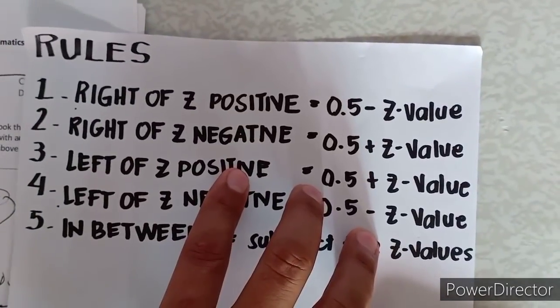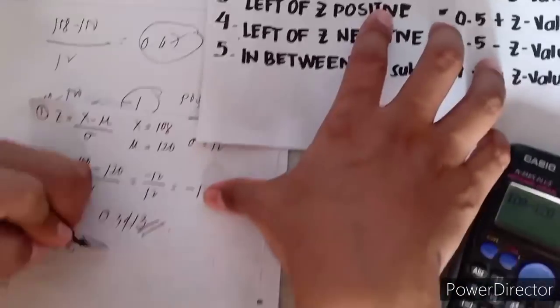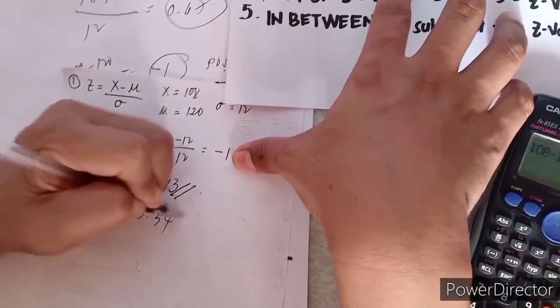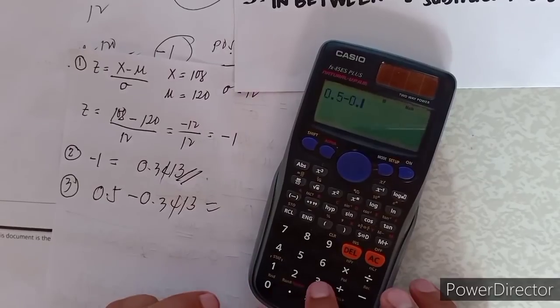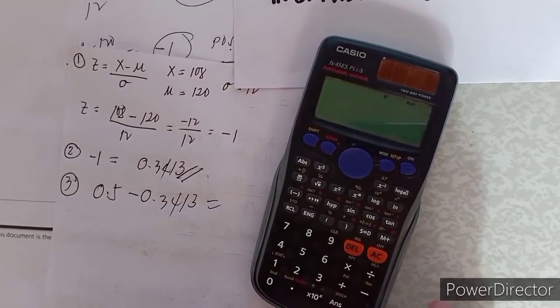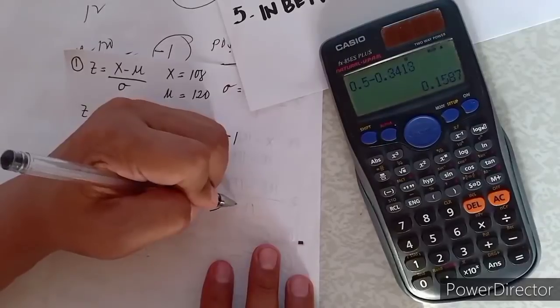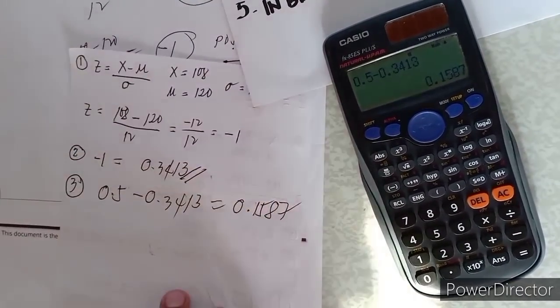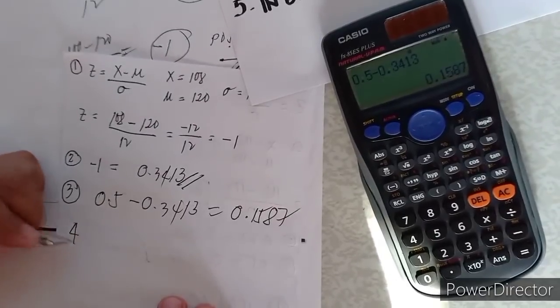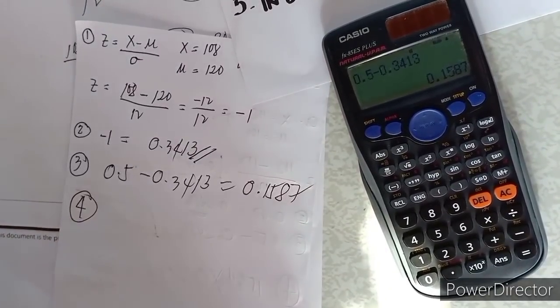So we have now 0.5 minus 0.3413 is equal to 0.1587.